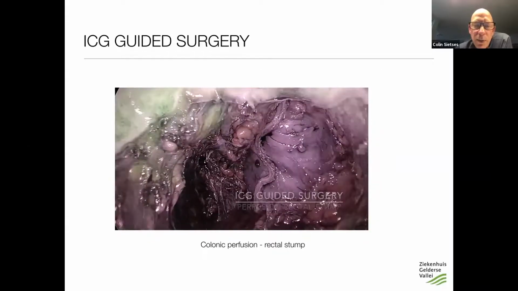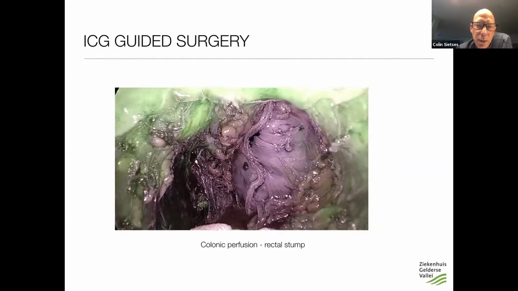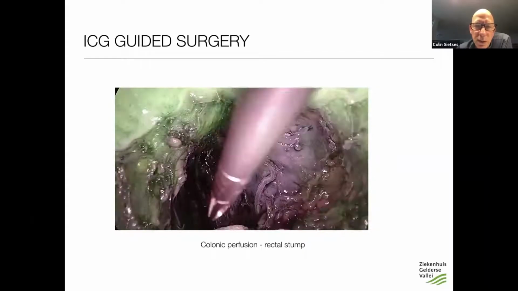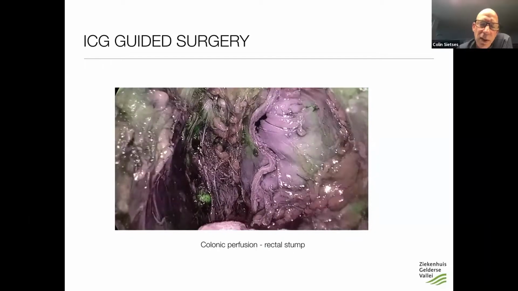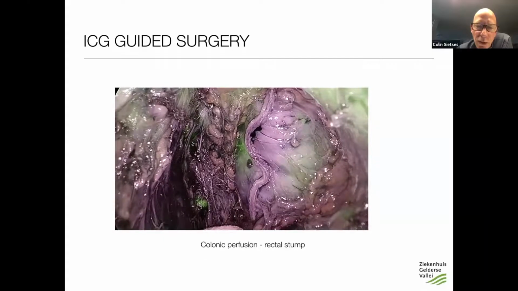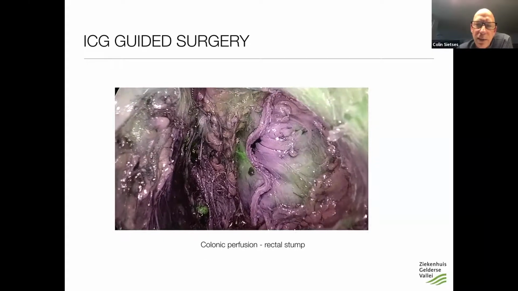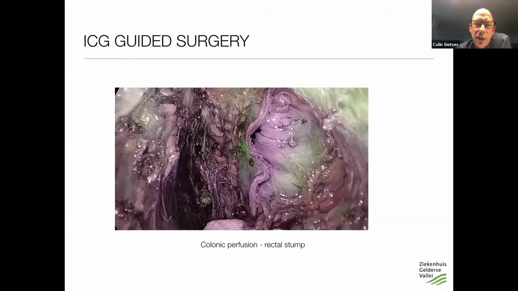Another example, this was a patient after a laparoscopic low anterior resection, and we looked at the rectal stump, and it wasn't completely vascularized. So what we did, we shortened the stump a little bit, and after that it was vascularized properly, so we could make an anastomosis safely.